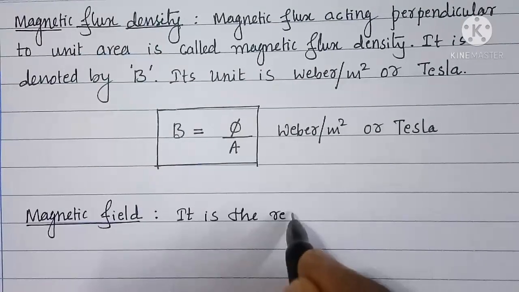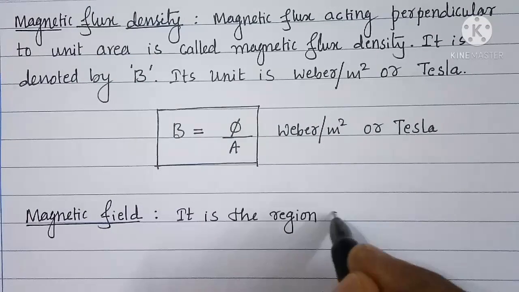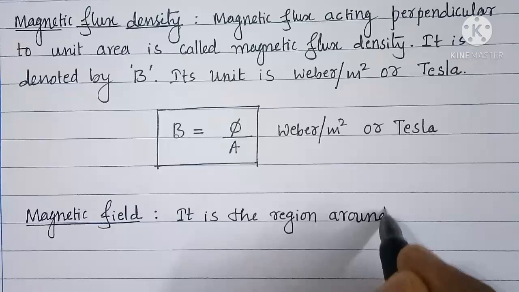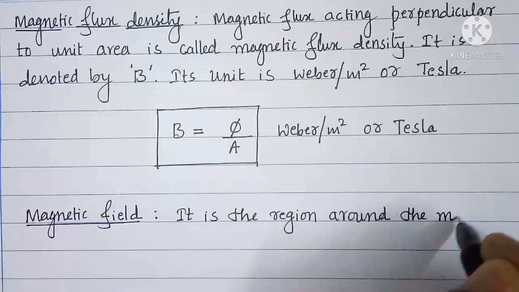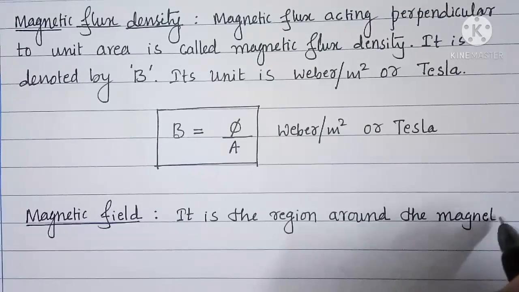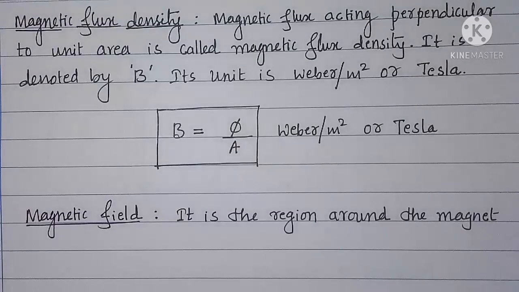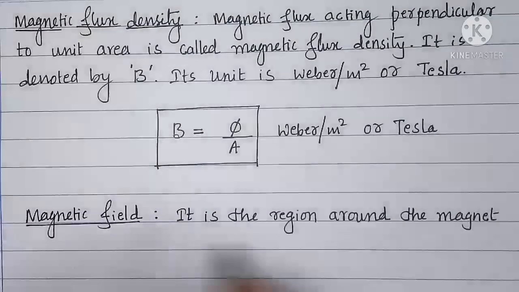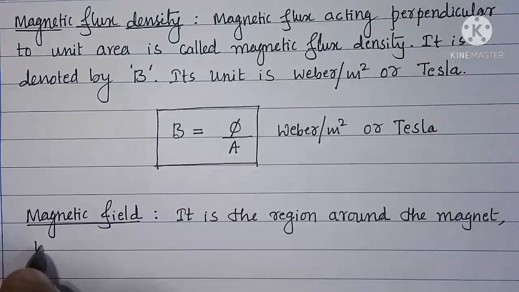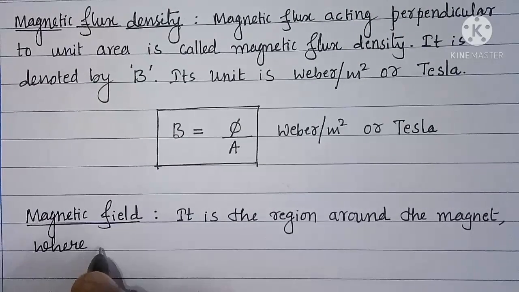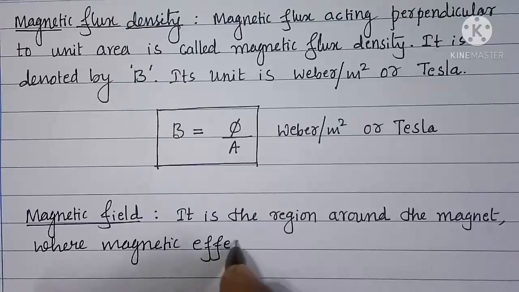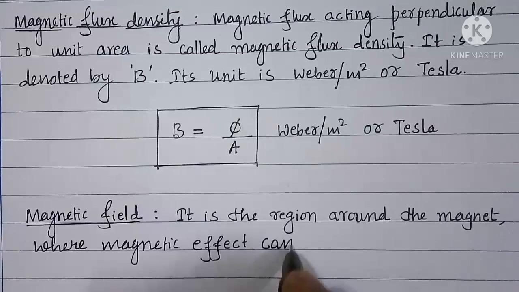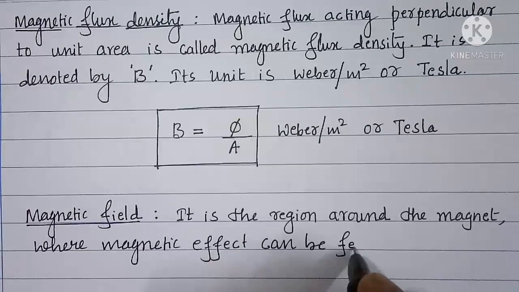It is the region around the magnet or in the vicinity of magnet where magnetic effect can be felt.